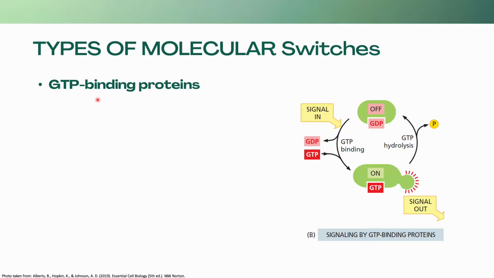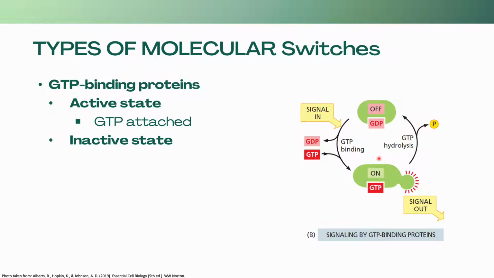The second type of molecular switches are called GTP binding proteins. Instead of relying on phosphate to turn these proteins on, they instead rely on the compound called GTP, or guanosine triphosphate. In the active state, these proteins have GTP attached, and in the inactive state, they instead have another compound called GDP, or guanosine diphosphate, attached.